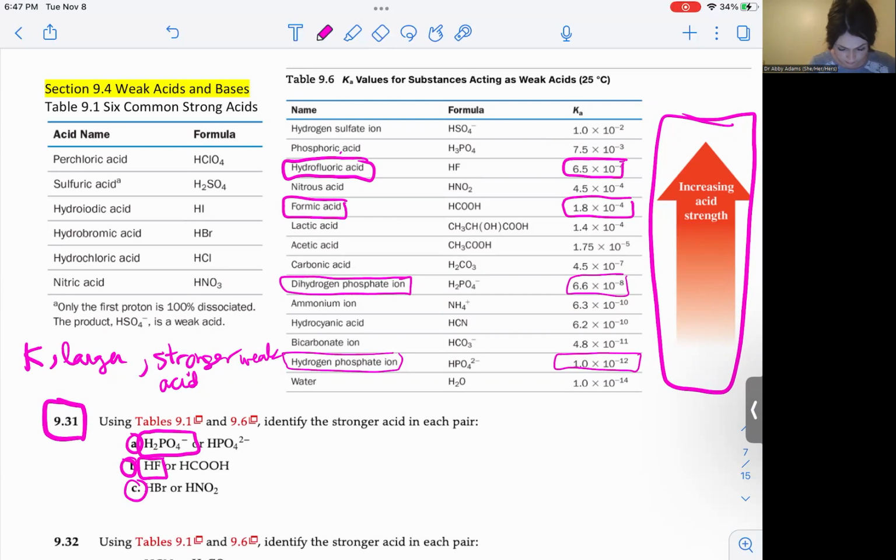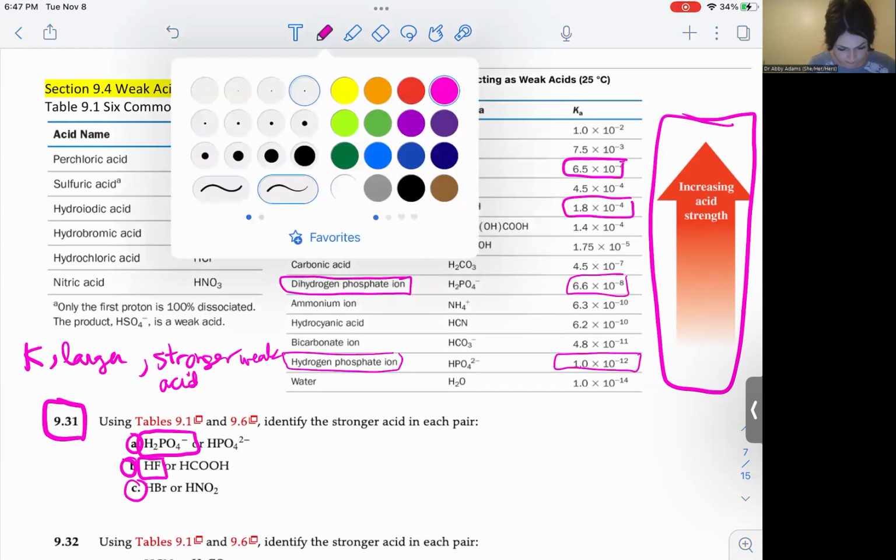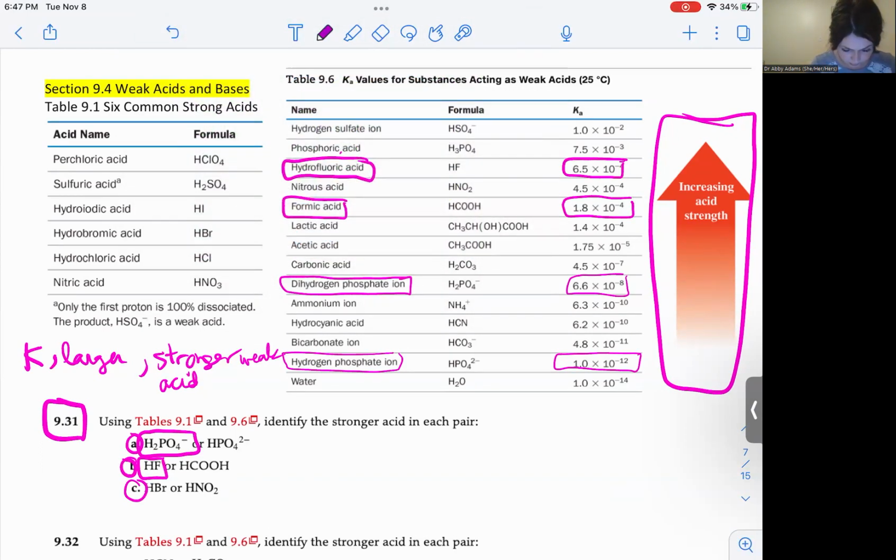C, hydrobromic acid. Where's this at? Hydrobromic acid. It's not on here, is it? But you know that this is a strong acid. Why? Because I bring clay. You remember that, right? That's a strong acid.